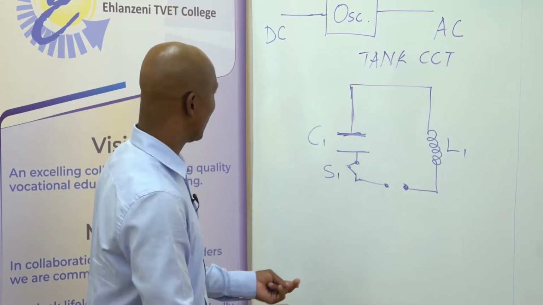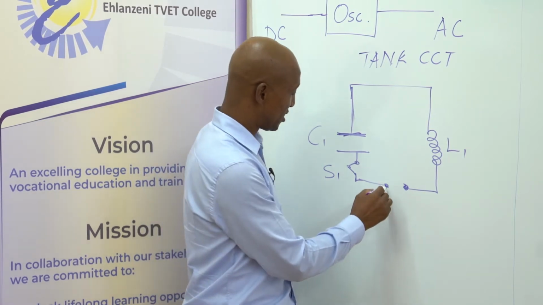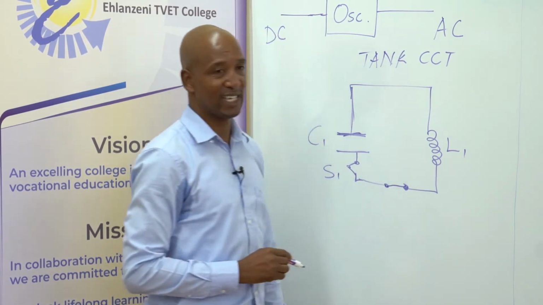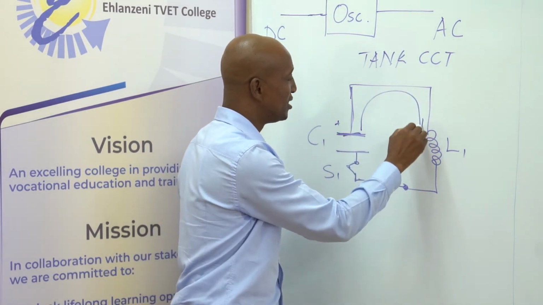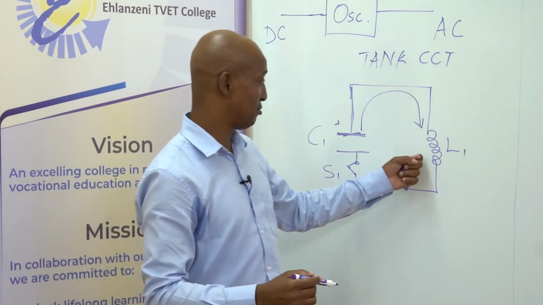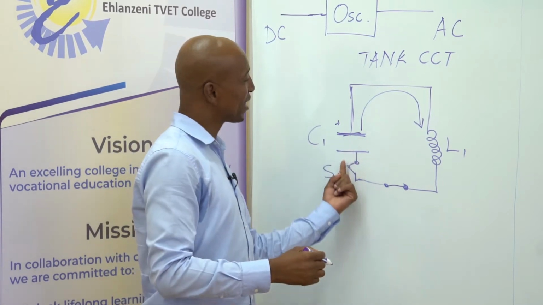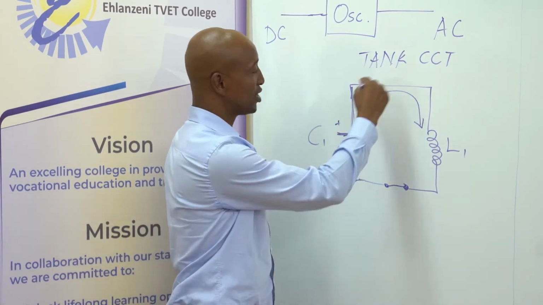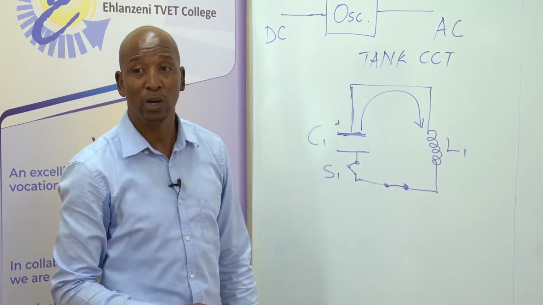Now, assuming that the capacitor is fully charged, and we close this circuit like that, the capacitor will tend to discharge because now it sees a load. Remember, there is inductance and resistance in a coil. So it will see some kind of load and will start to discharge its current to the inductor L1.